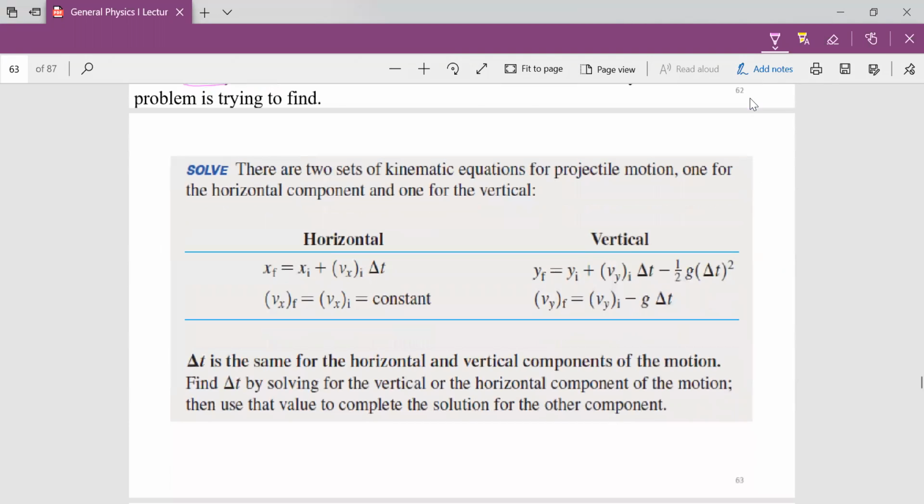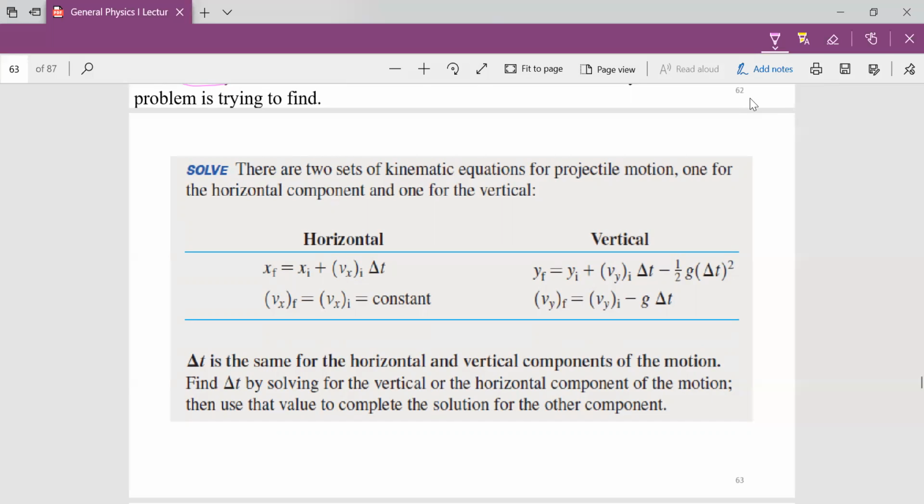So this equation that we are presenting in this slide, we have seen this kind of equation before, and we'll call them the kinematic equations describing position, velocity, and constant acceleration. So we adopted this kinematic equation from the previous discourse into projectile motion.